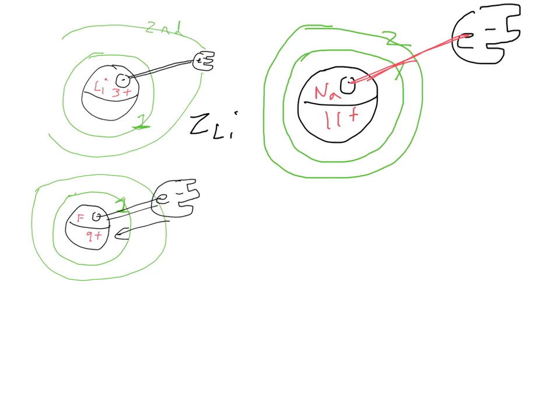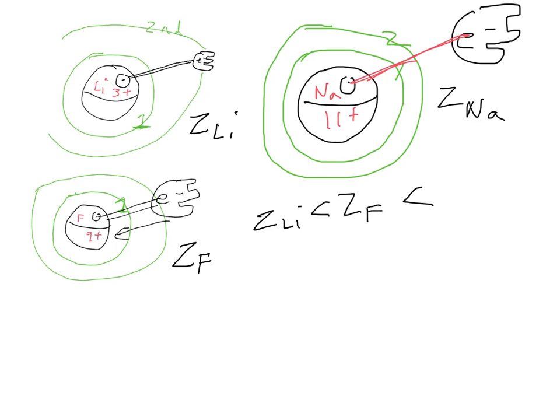So we have the effective charge of the lithium nucleus, the effective charge of the fluorine nucleus, and the effective charge, Z, of the sodium nucleus. The effective charge of the lithium nucleus is less than that of the fluorine nucleus because there are fewer protons and the same number of shielding layers.